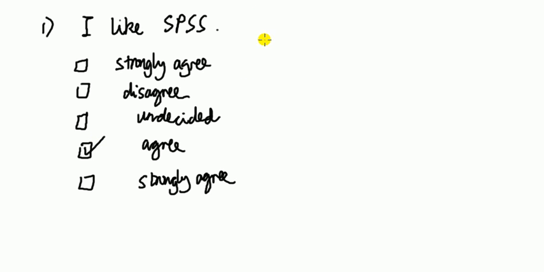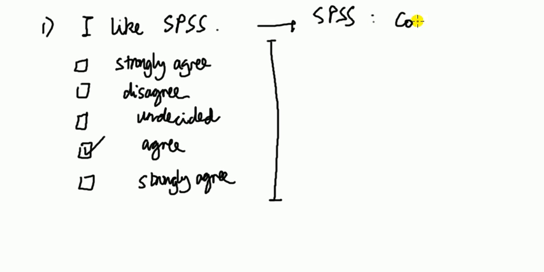Well, if we take this into SPSS, we have to do what is called coding. So to each answer I have to attach a number, which basically serves as a kind of label.